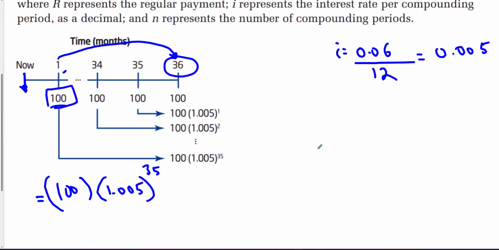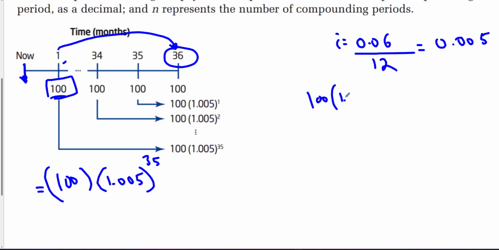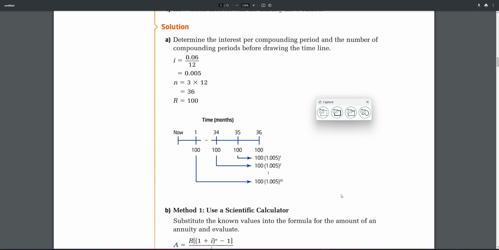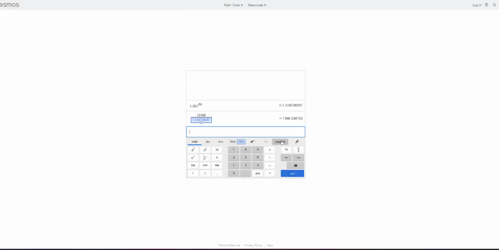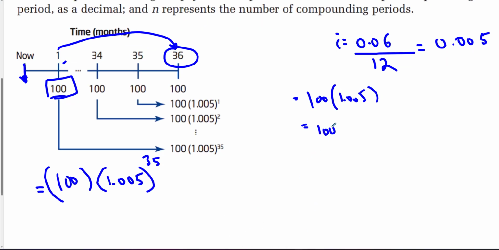So just to show you, after 1 month, that $100 is going to have, what is that, 1.005? 50 cents, sorry. So after 1 month with 6% compounded monthly, the account is going to have $100.50.